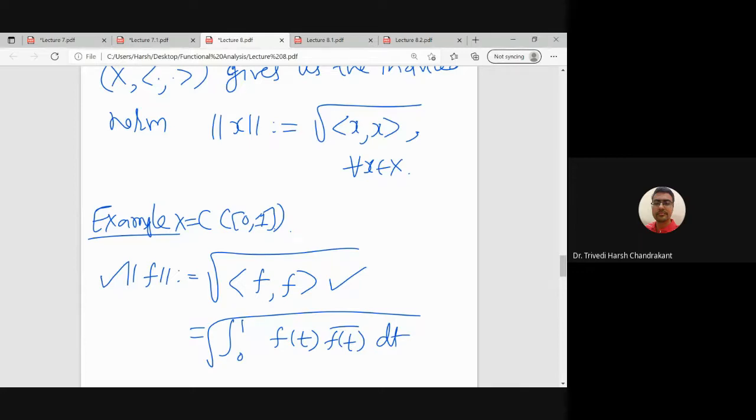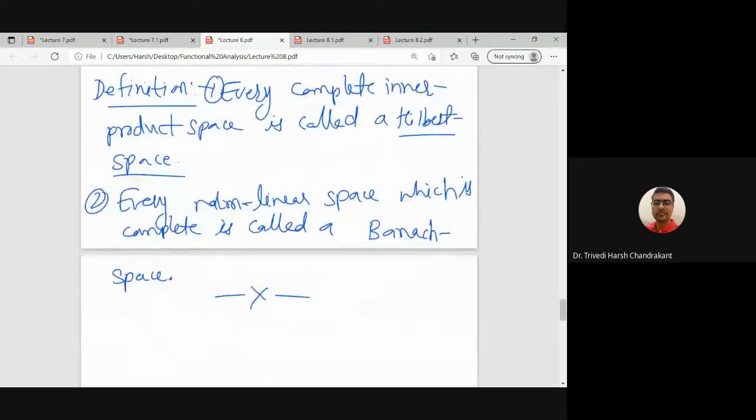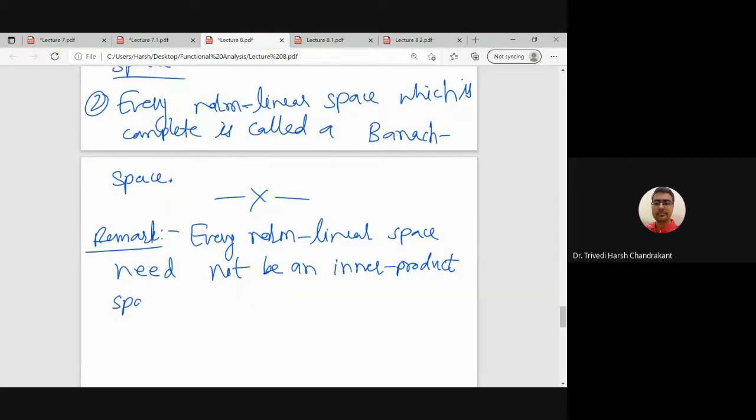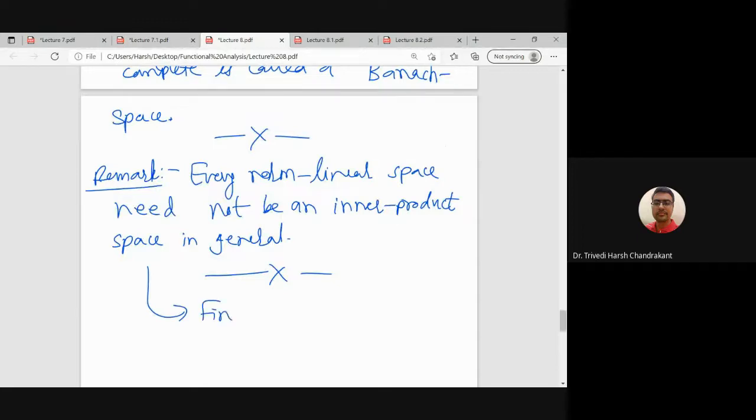So every normed linear space may not be an inner product space in general. Think about these and find examples.